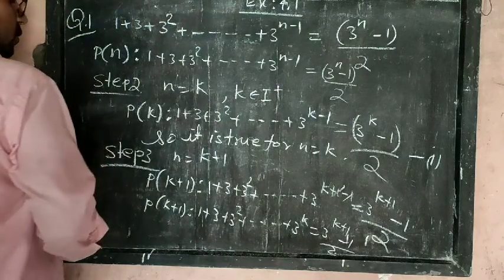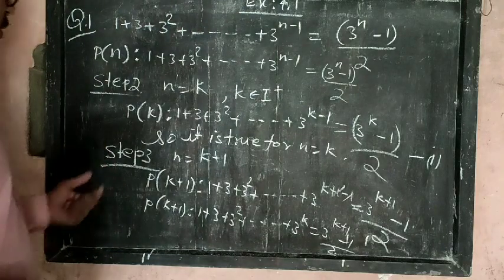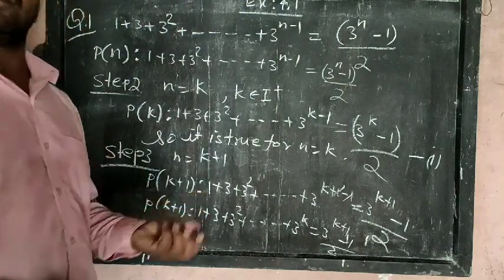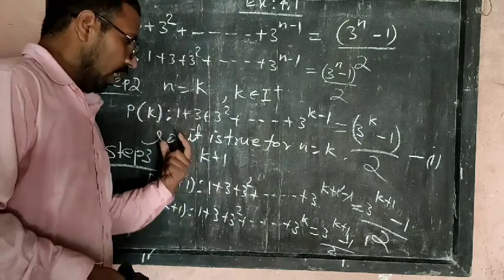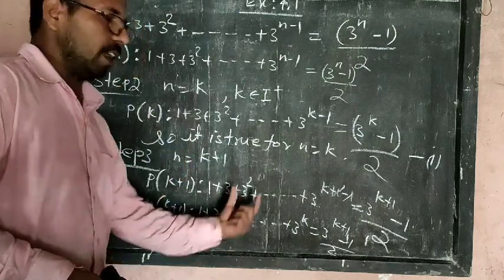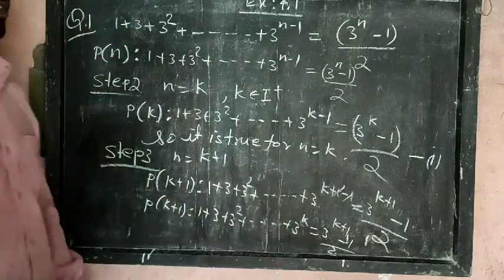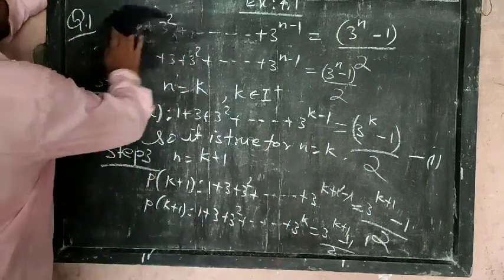So now, students, in step number 3, as I explained in the first video, again we will take the LHS side and prove the RHS side. So let's see how we can prove it.